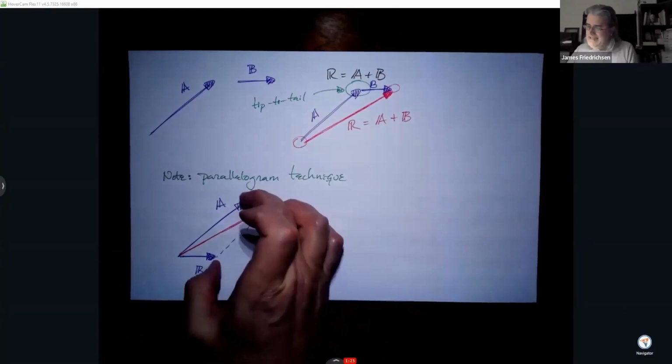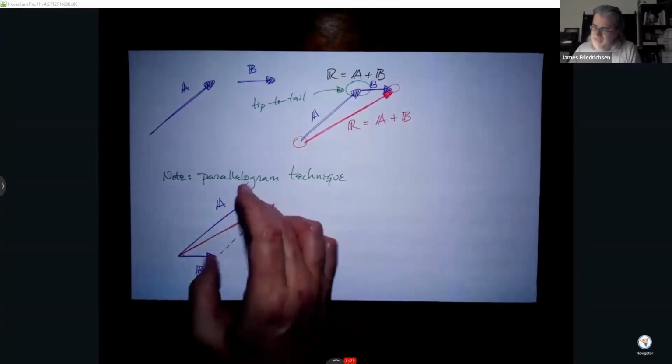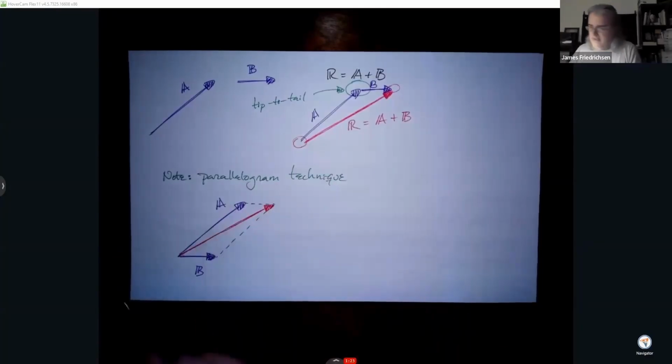And so it's very easy to end up with the other diagonal. And depending upon how you point it, it's either A minus B or it's B minus A. So there's an easy mistake on that part.